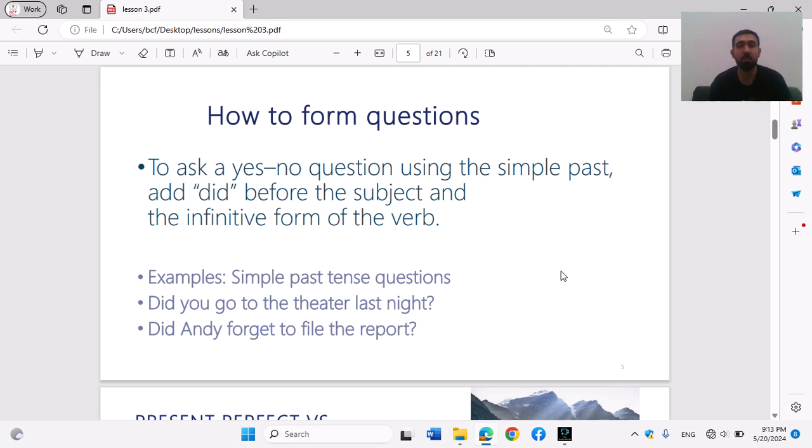It means it will not be past. Why? Because you already have the past verb, which is did. For example, did you go to the theater last night? And did Andy forget to file the report? So whenever you are going to use the question form, you are going to use did at the beginning and change the form of the verb into a simple verb, okay? A present verb, not a past.